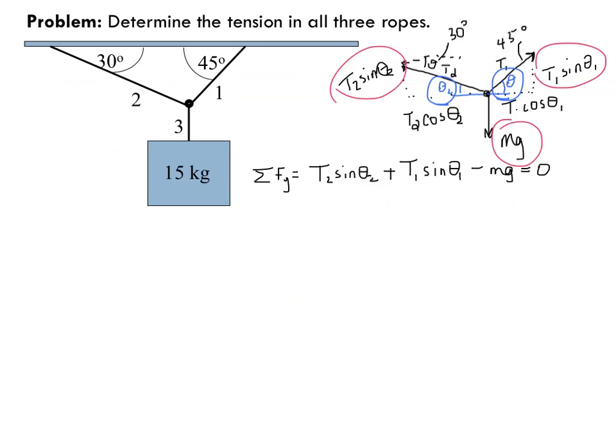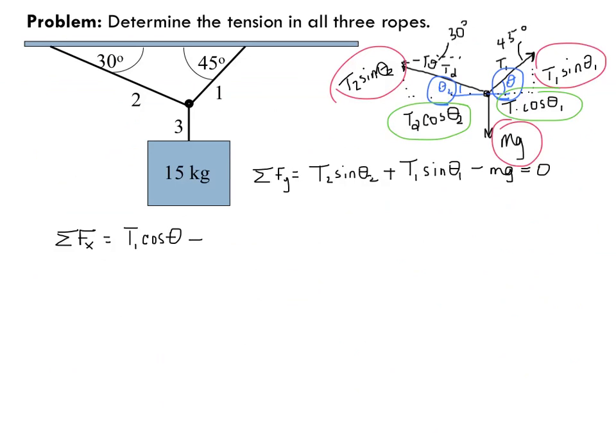Now I want to write the sum of the forces in the x direction. In the x direction, I have 2 forces. So I'm going to write the positive one first. T1 cosine of theta is positive because it's going to the right.